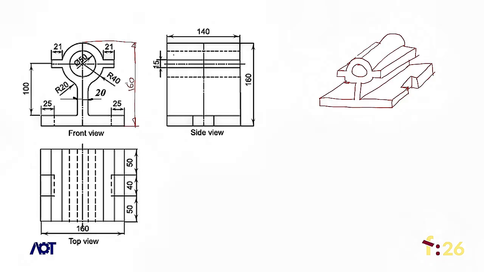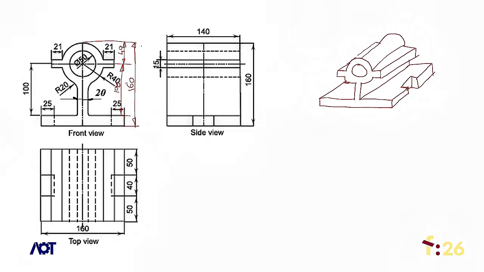You can also find from the front view that the distance between this base and this center line is actually 100 millimeter. And from the center to this is actually 40 millimeter.